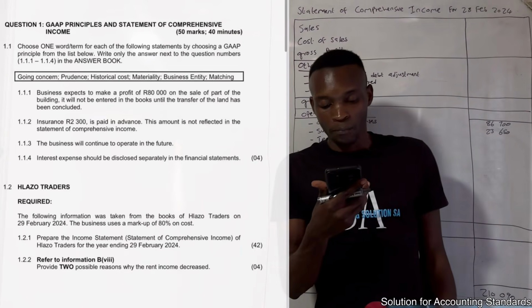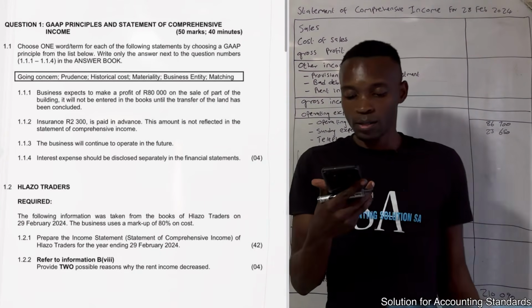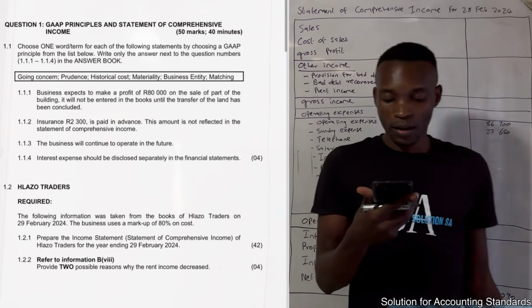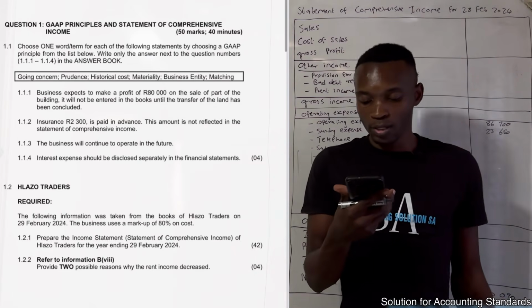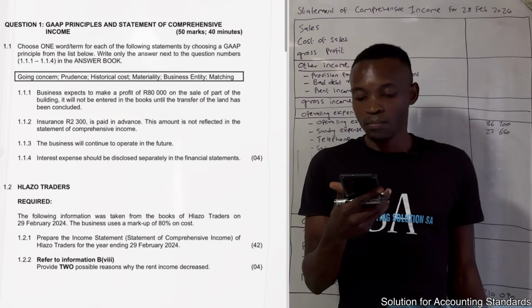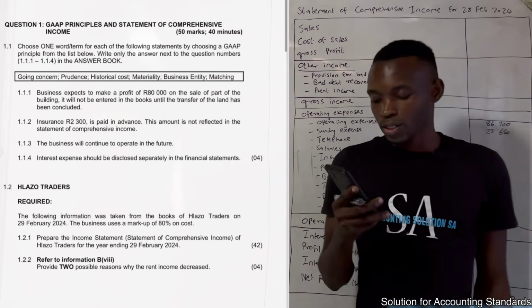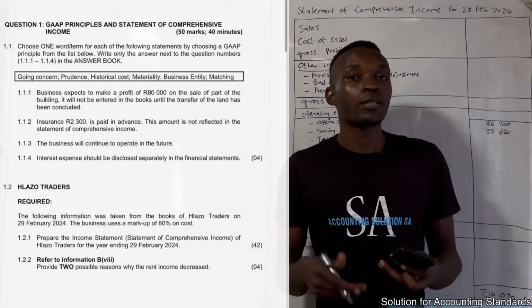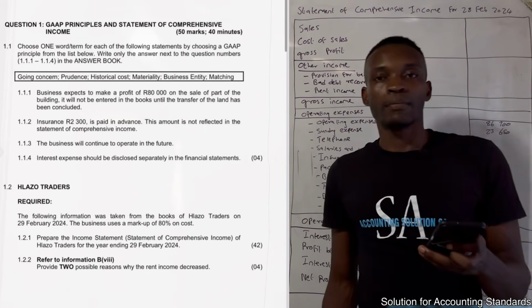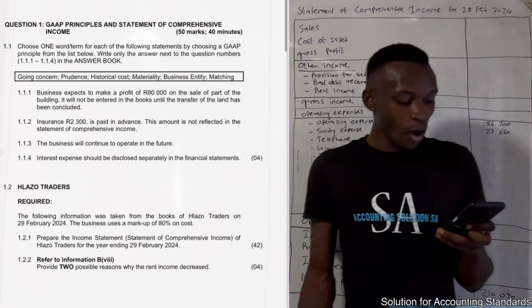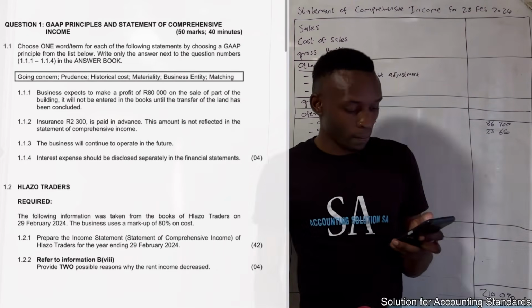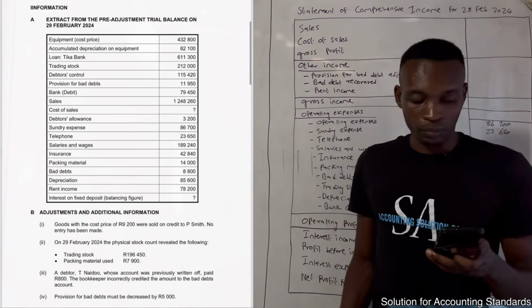After that they ask us a theory question, which says: provide two possible reasons why the rent income decreased. Of course, if there is no demand, the rent will decrease, or maybe the condition is no longer the same. However, now we have to start with our income statement.